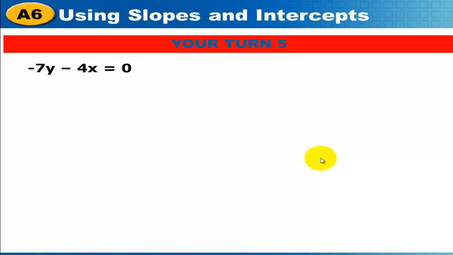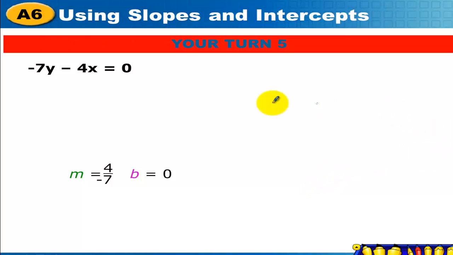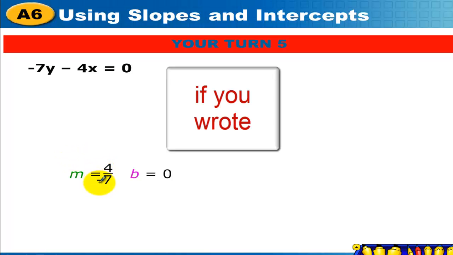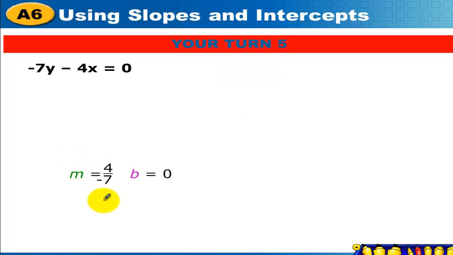Alright, the answer for this problem, the slope should be equal to 4 over negative 7 and y-intercept is equal to 0. Now, it's okay to write 4 over negative 7 as negative 4 over 7.